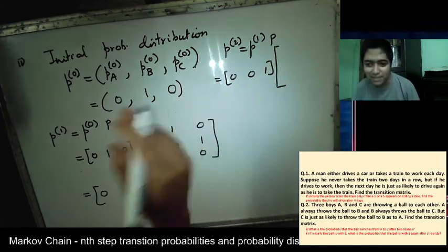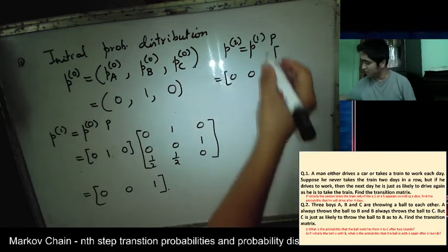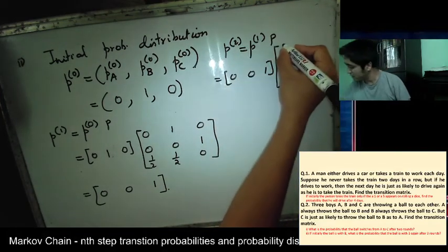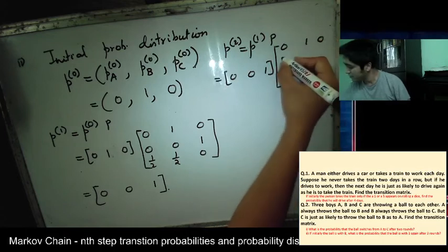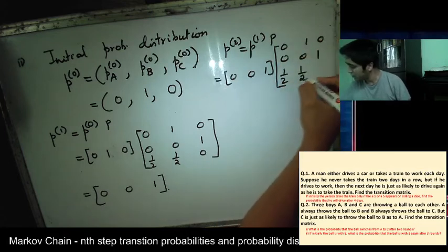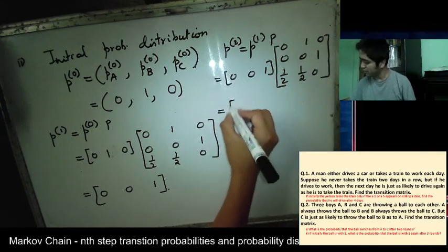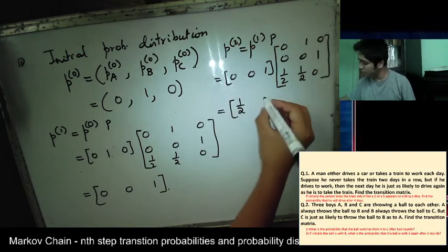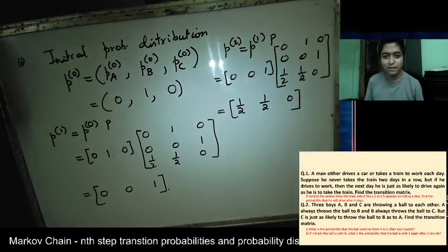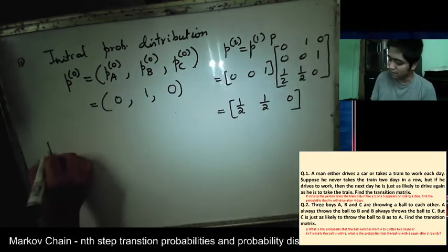We are interested in 3 rounds, so that is why we will be calculating up to P3. Multiplying 0, 0, 1 by the matrix 0, 1, 0; 0, 0, 1; 1 by 2, 1 by 2, 0, over here we'll be having 1 by 2, 1 by 2, 0. So lastly we can find out P3.